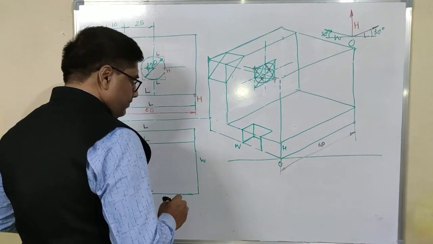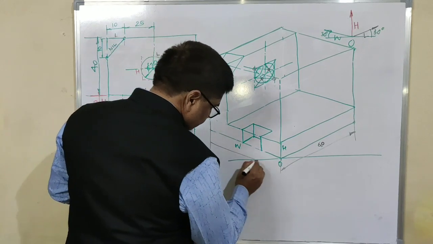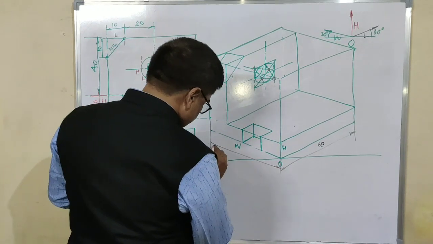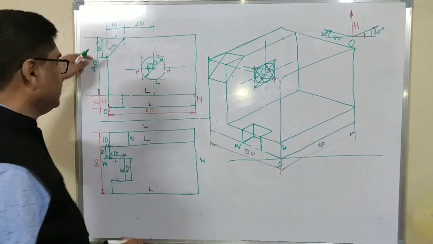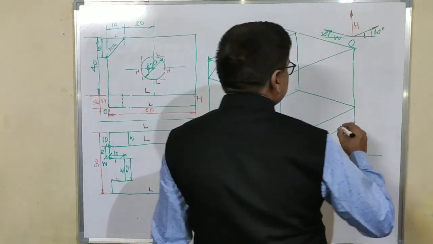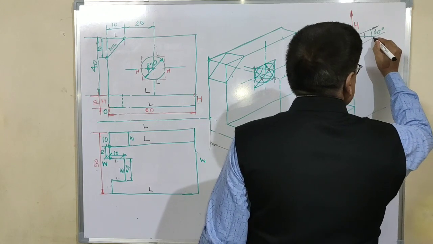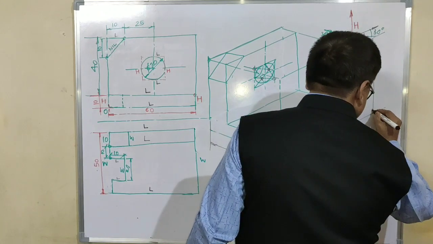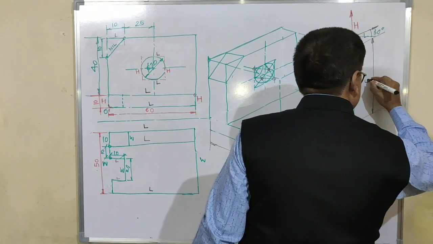Total width is 50. Total height is again 50. It can be given here also. 50.